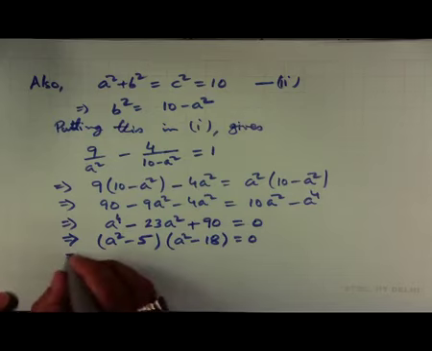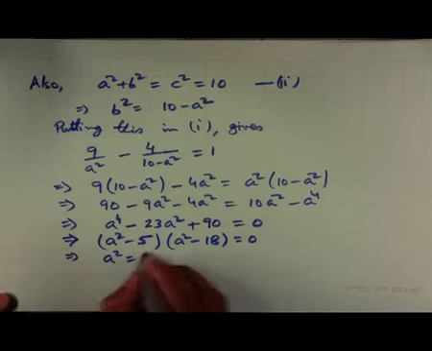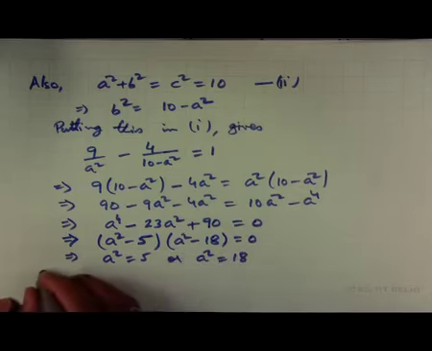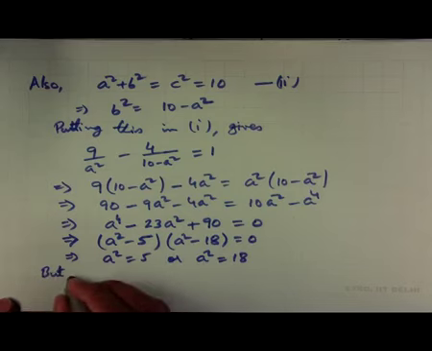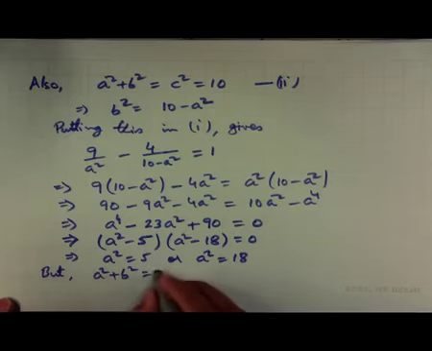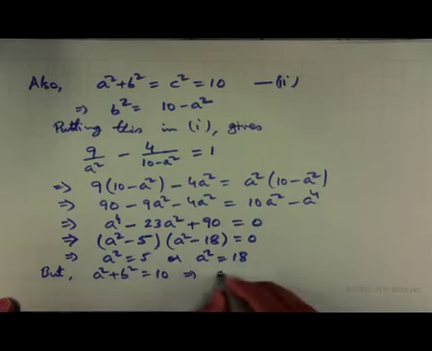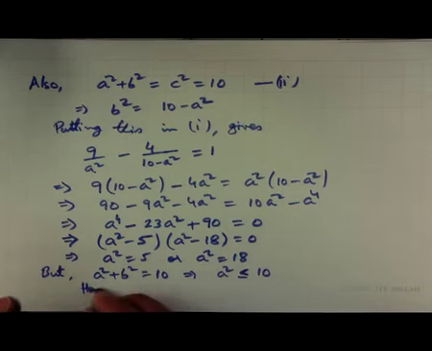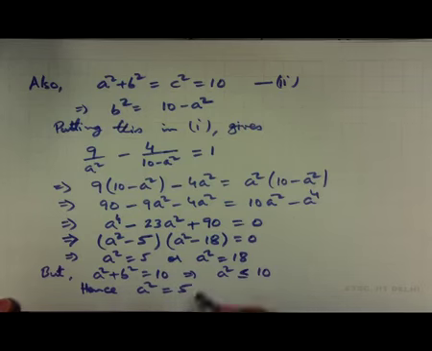This implies a square equal to 5 or a square is equal to 18, but a square plus b square is given to be 10. This implies a square is less than or equal to 10, hence a square must be equal to 5, and then using a square plus b square equal to 10, this gives b square is also 5.